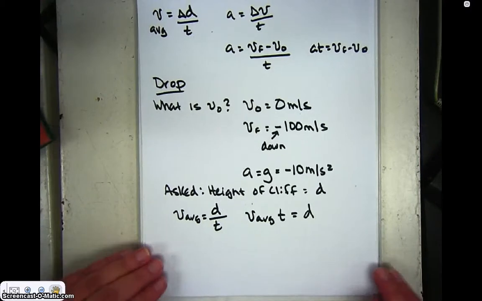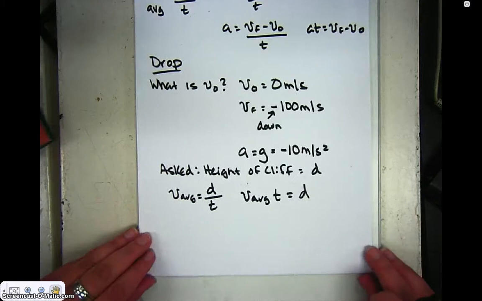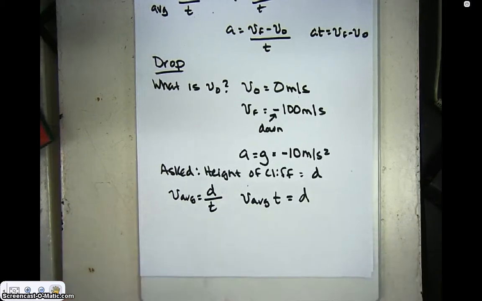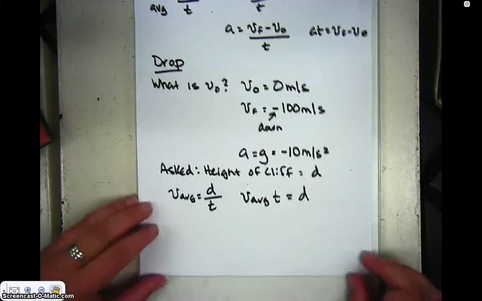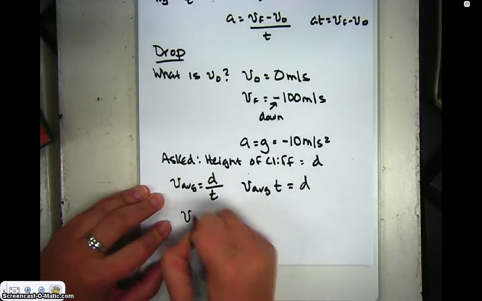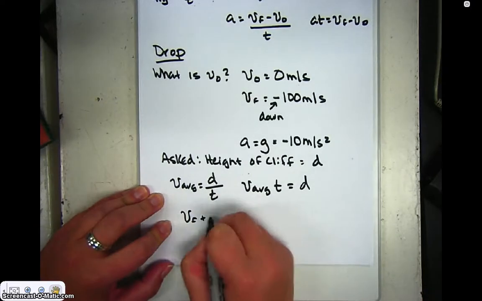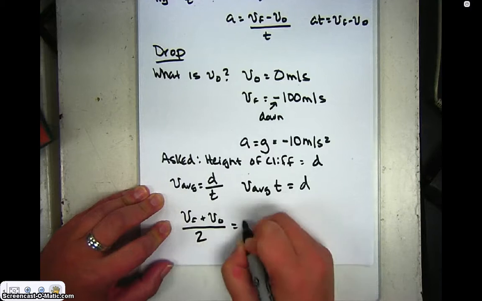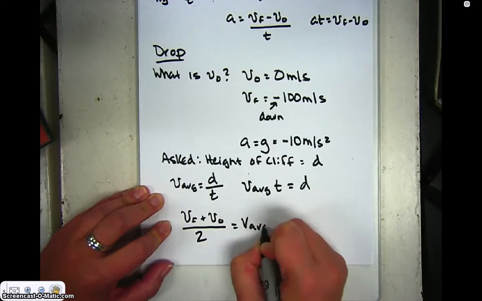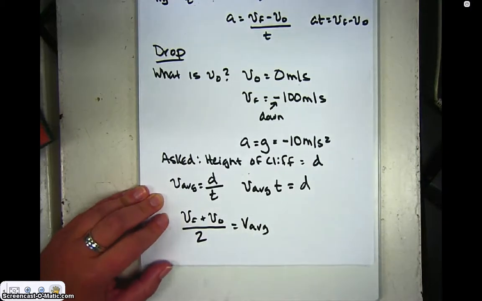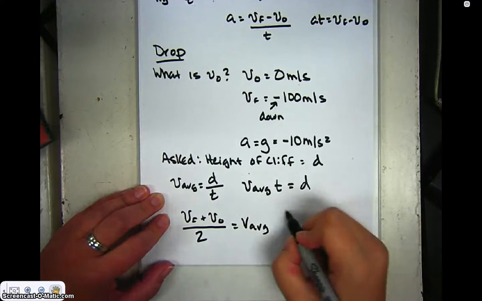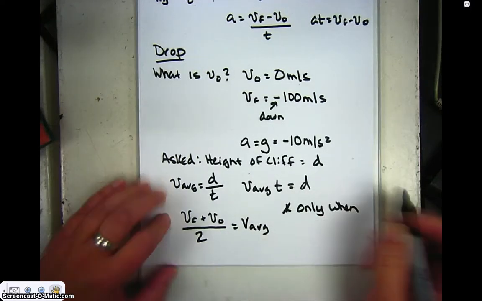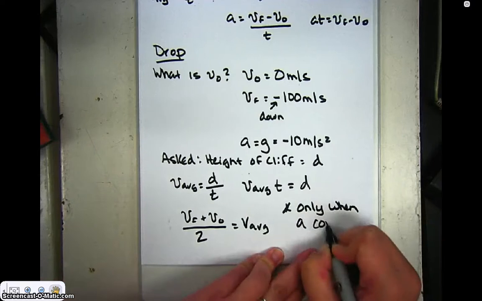What is great is that because I have a constant acceleration, I can take the velocity at the end and the velocity at the beginning and divide by 2. So if I take v final plus v initial divided by 2, just like any other sort of average, that gives me my average velocity. It is very, very important to note that this is only when acceleration is constant.